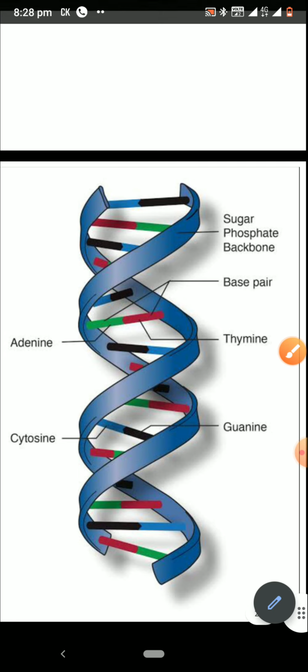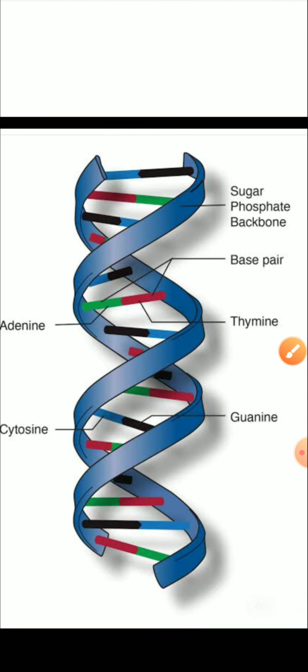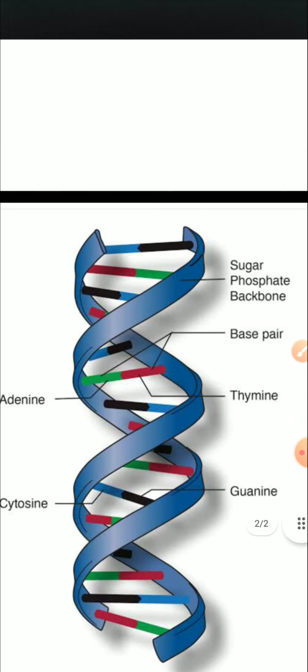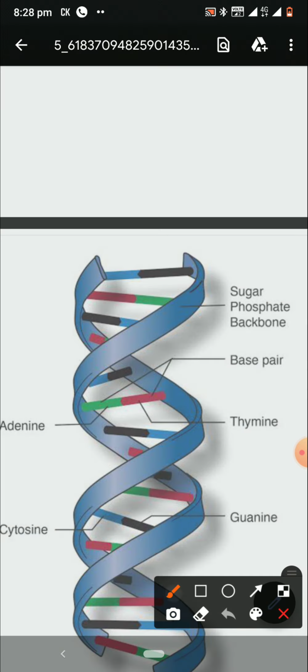So as I have already said, this is a double helical structure of DNA, and if we unbind this double helical structure, we can get a step ladder structure of the DNA. And in this step ladder structure, there will be a sugar phosphate backbone, and it will be connected by these base pairs.